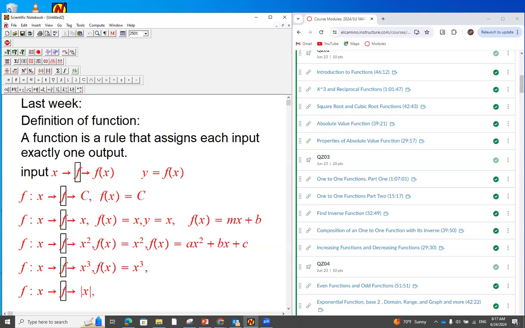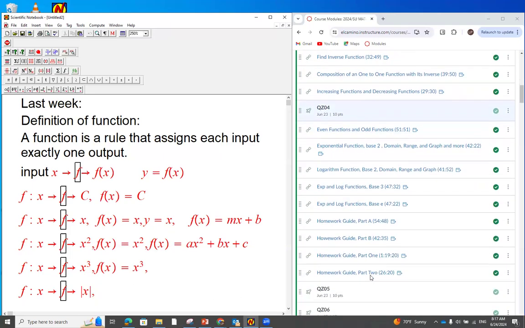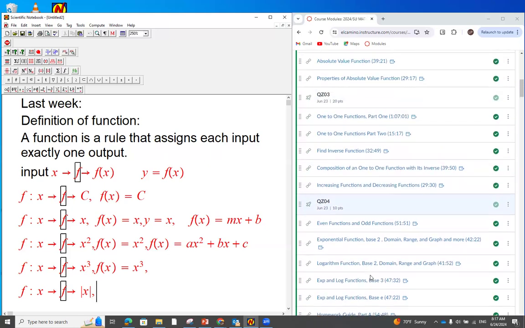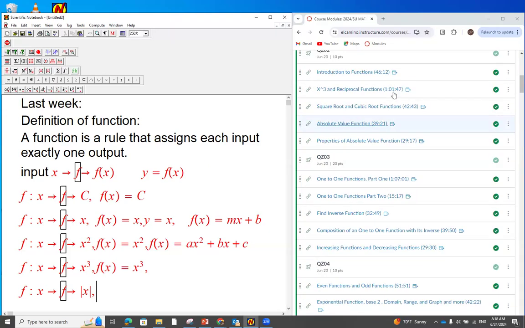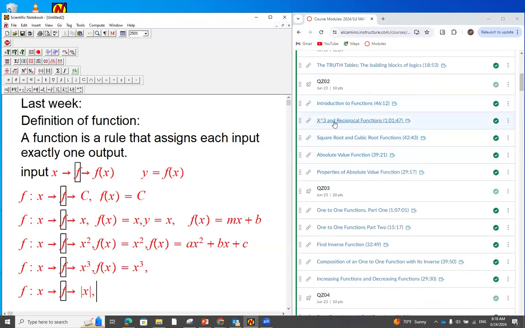All right. The absolute value function, okay, is right here. I have a specific lesson about the absolute value function. Very, very important function, right? You can see all of these functions, I have lessons on them, right?